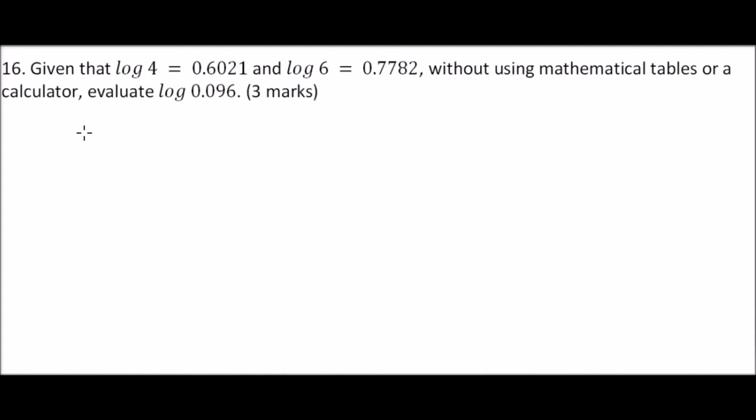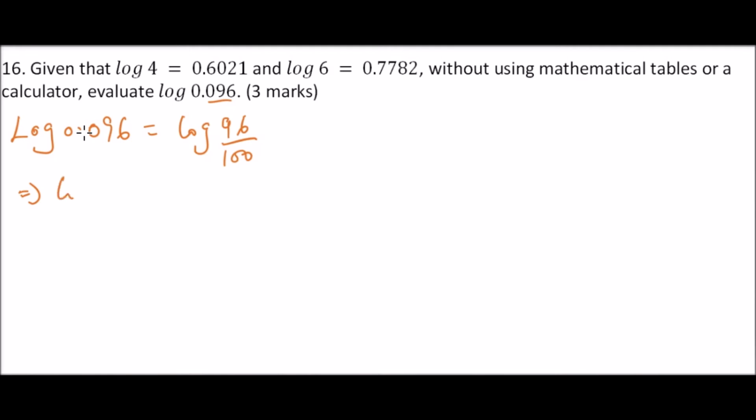First, the most important thing is to be able to express 0.096 in terms of log 4 and log 6. So you can say the logarithm of 0.096 is the same as the logarithm of 96 divided by 1000. 96 can be written in terms of 4 and 6.